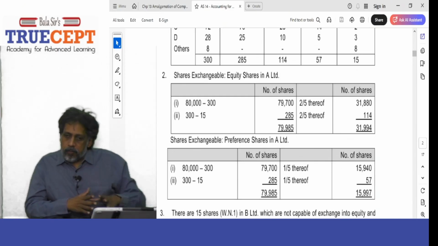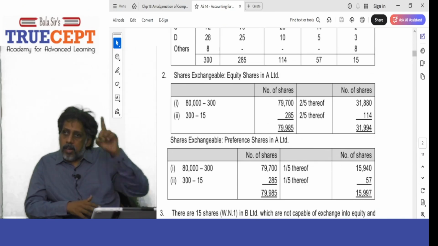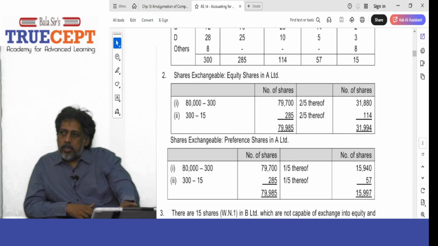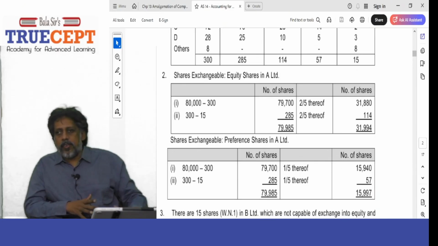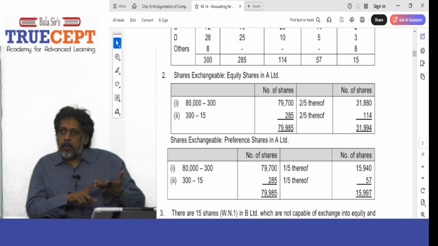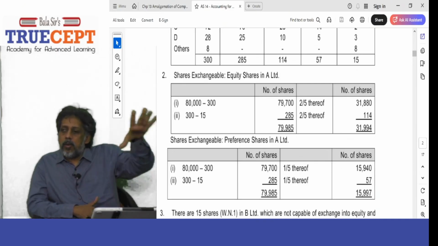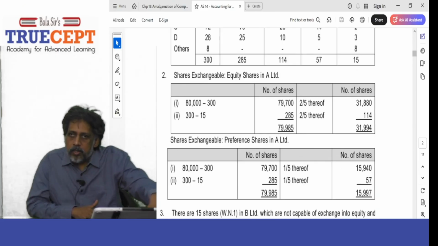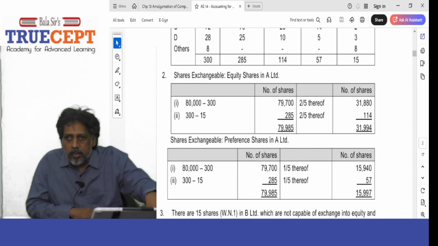Next, again out of 300, how many shares in multiples of 5? 285. So 285 into 2 by 5 is 114. Adding both, 31,994 equity shares are given to people having shares in multiples of 5, including A, B, C, D. Got it?